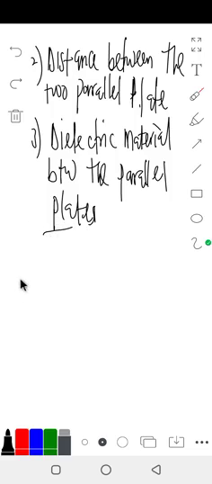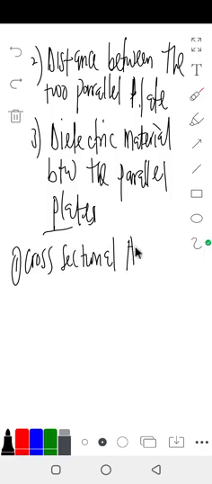The first one is cross-sectional area, that means A. Take note, capacitance of a capacitor is directly proportional to the cross-sectional area of the two parallel plates.